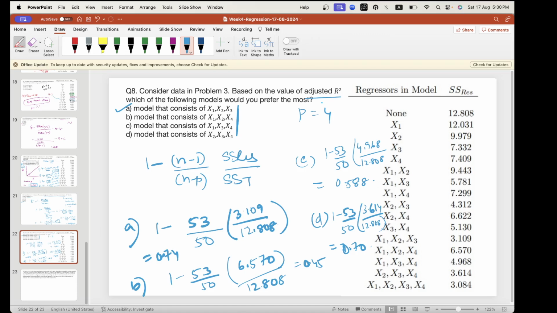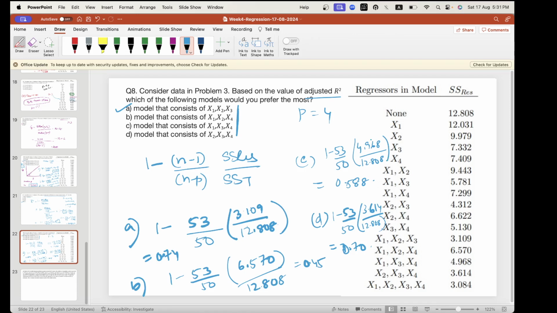Okay, but you absolutely cannot say this if P is also changing within your options, because then there would be a trade-off between this reduction in SS residual and reduction in the degrees of freedom. So be very careful, don't take such decisions when P is changing.